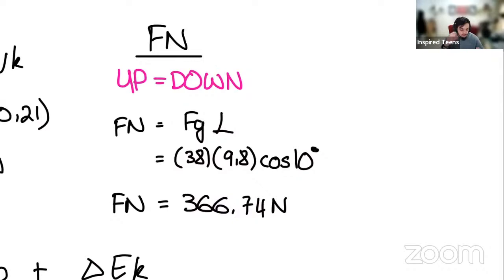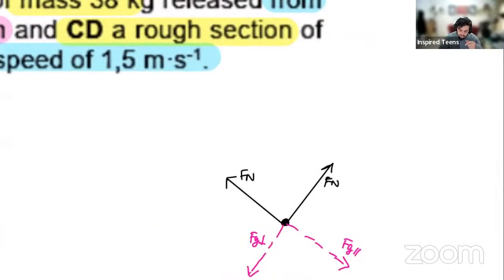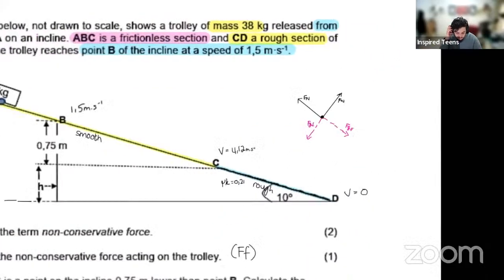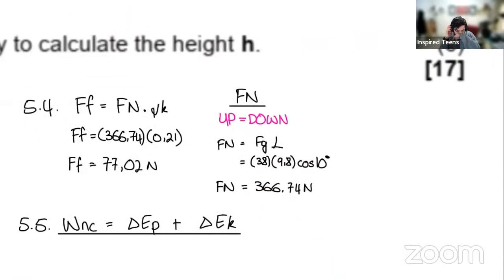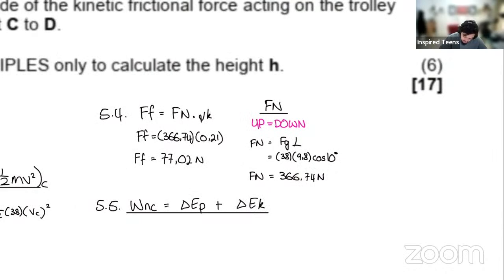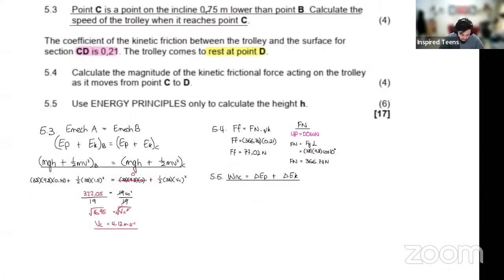We drew the free body diagram, and then we realized the only up force is Fn and the only down force is Fg perpendicular. So we equated them, we calculated Fg perpendicular, that gave us normal force. We substituted it into this equation, multiplied it by the mu k, and we got our answer for frictional force finally at 77,02. Okay, we're all caught up.